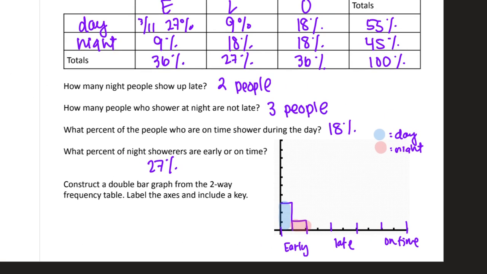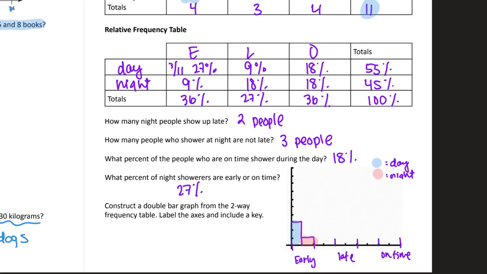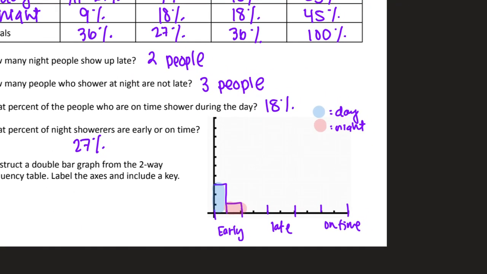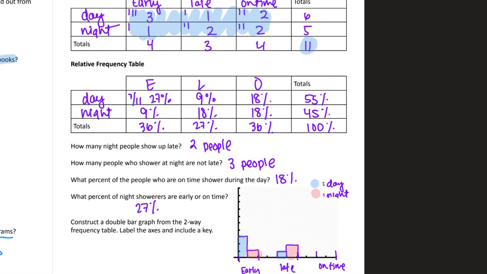And then for late arrivals, 1 day, 2 night. So 1 day, 2 night. And then on time, 2 and 2.